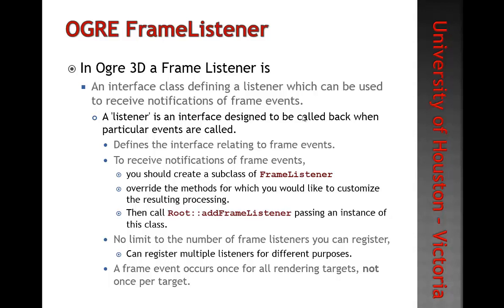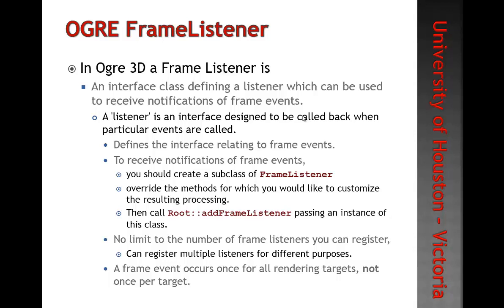To receive these notifications from frame events, here's what we are going to do. We will create a subclass of our frame listener. Then we would override the methods that we would like to customize, and then we will be able to implement the processes that we want to do.